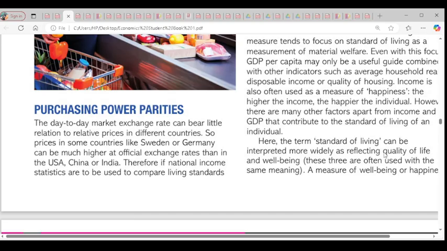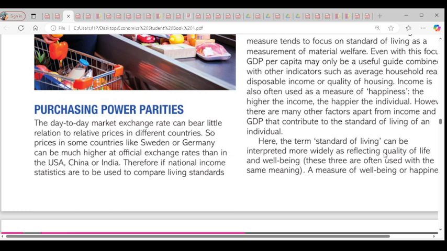Do we have more crime here or not? Health and life expectancy are also part of it. And long-term unemployment levels. How is long-term unemployment in a country? How is the rate of unemployment in one country compared to another? So these are also factors we can take into consideration when we want to determine the well-being or the standard of living of individuals and how happy they could become.